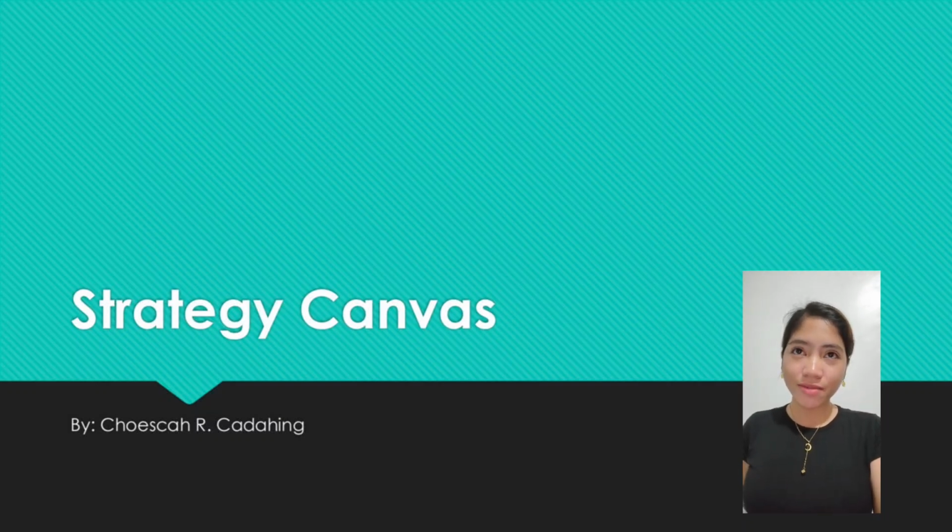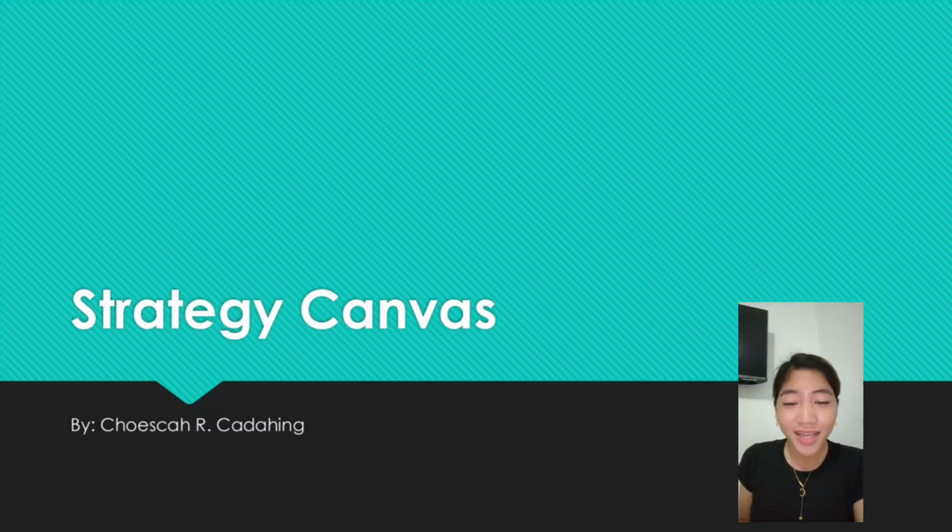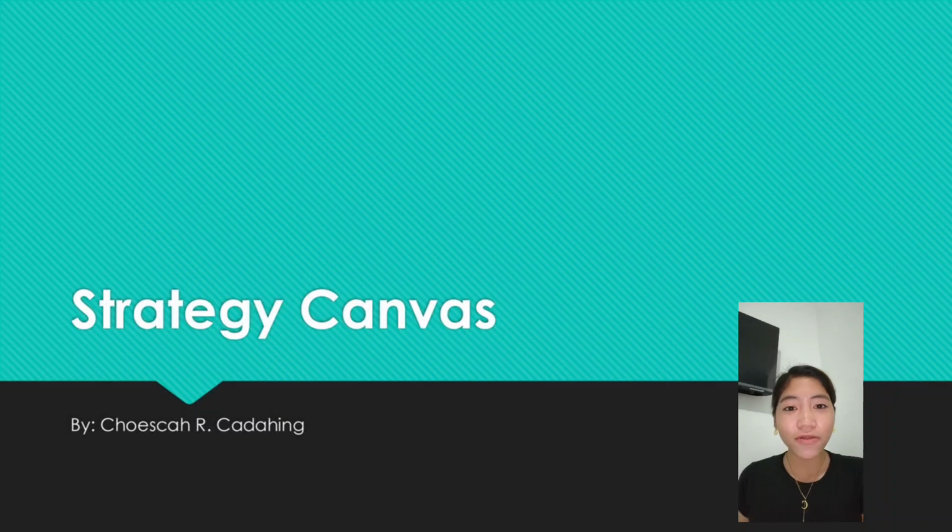So my topic is about the strategy canvas. What is the strategy canvas? A strategy canvas is a visual tool that helps businesses see how they perform compared to competitors. It shows what factors customers care about, like price, quality, or speed, and how each company ranks in those areas.